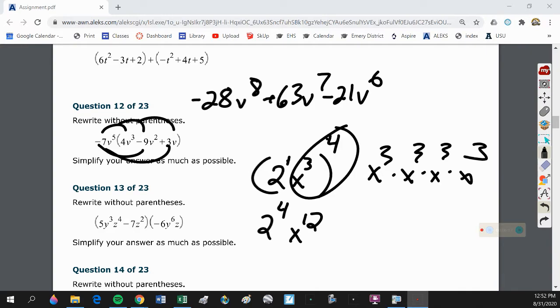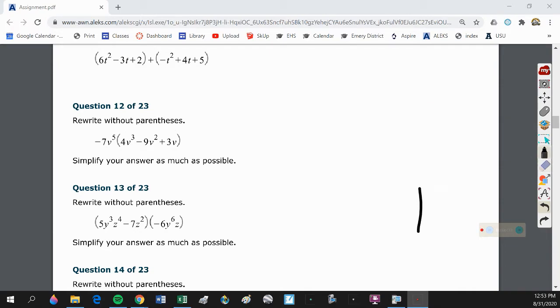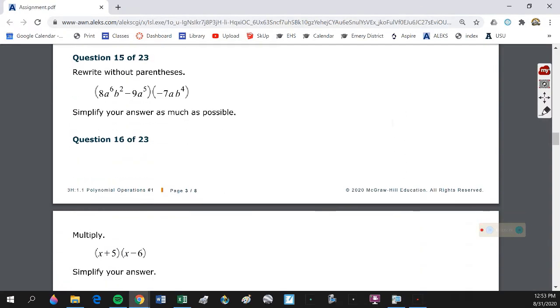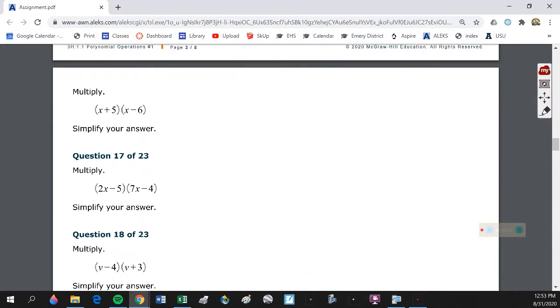And now we just add all the 3's together and I get 12. So variable times variable, you add the exponents. And then variable with an exponent raised to an exponent, you multiply those two exponents together. Okay. Same there, same there. Okay.